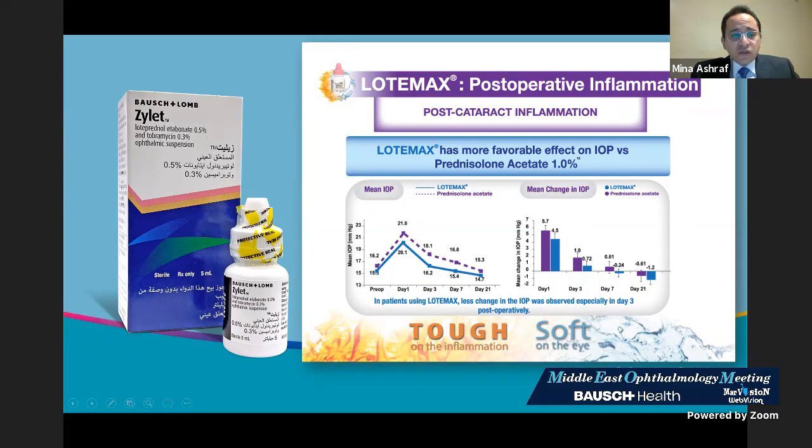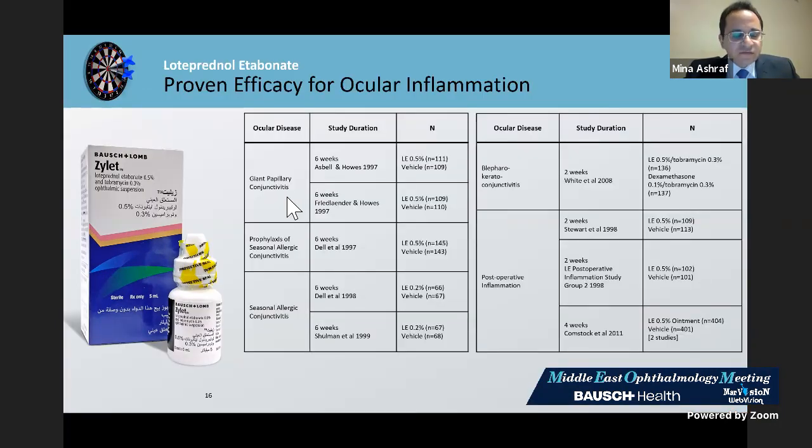And loteprednol etabonate has a proven efficacy for ocular inflammation in a variety of conditions, including but not limited to giant papillary conjunctivitis, prophylaxis of seasonal allergic conjunctivitis, vernal keratoconjunctivitis, and postoperative inflammation. So this is loteprednol etabonate, which is the primary component of Eyelid.